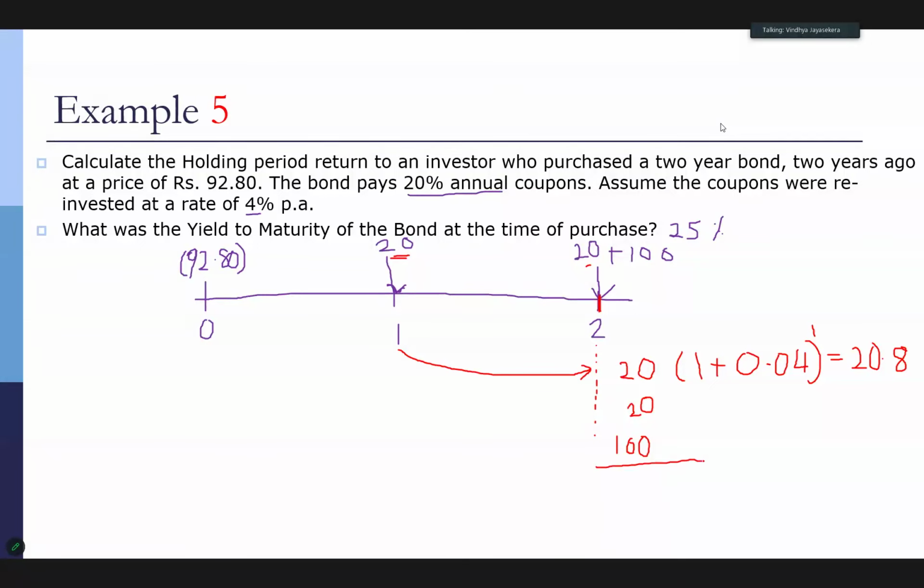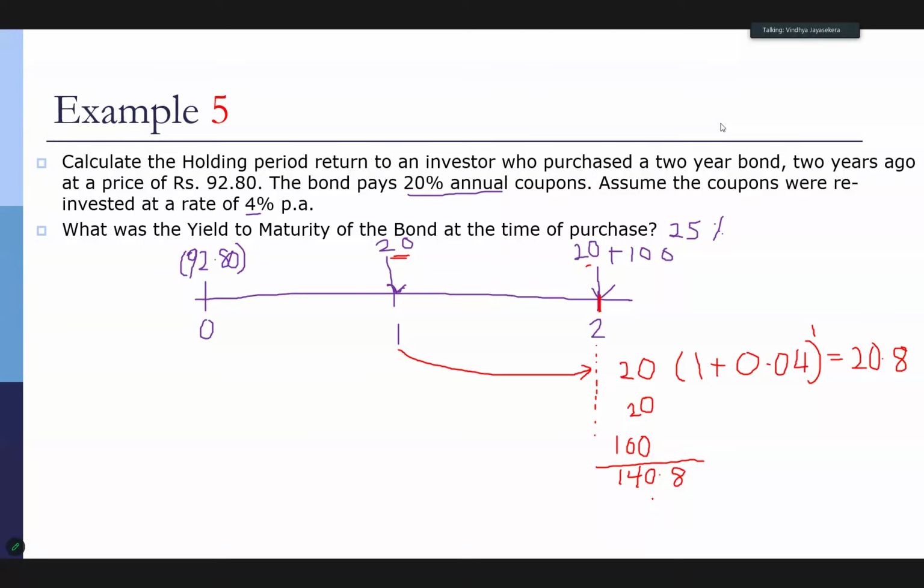My total cash flows are 100, plus this 20 rupees as well, so it's actually 140.8. Not just this 20 has gained interest. So all my future cash flows are actually worth 140.8 in year 2.